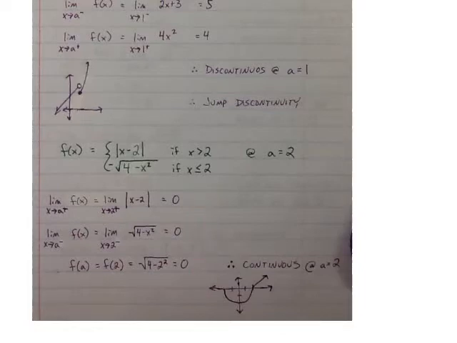Because all three pieces are 0, we can say that the function is continuous at a equals 2. A quick sketch of the graph shows half of the absolute value and a semicircle, and we have a continuity that's occurring right at (2, 0). Well, it's continuous for the whole thing, but that's the part we focused on.